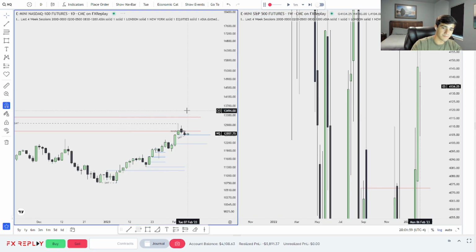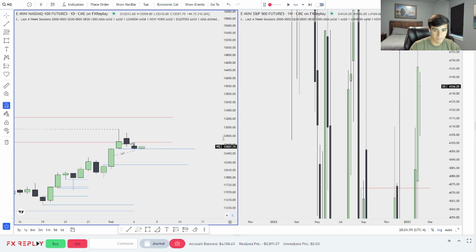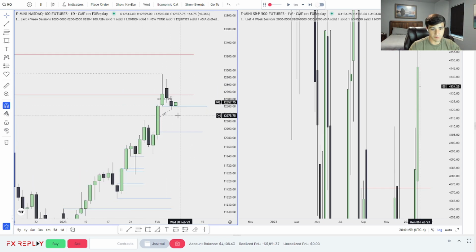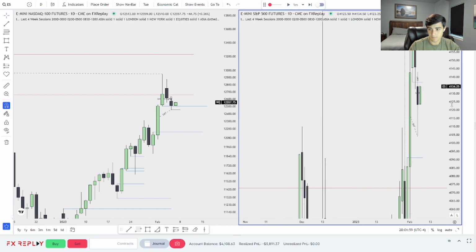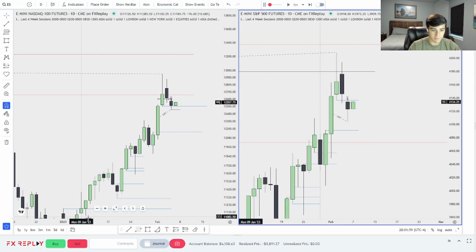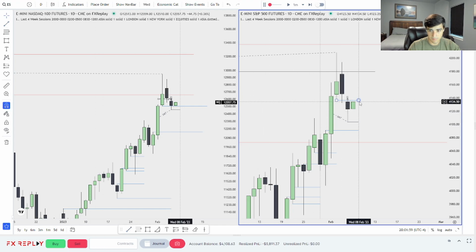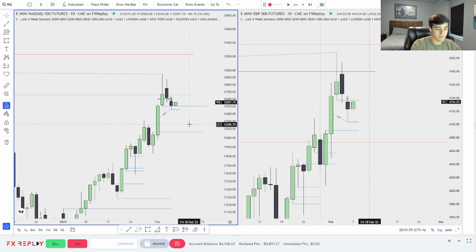Okay, now Tuesday. I want to see a run on the previous day low, ideally. Run on the previous day low, and then trade higher.